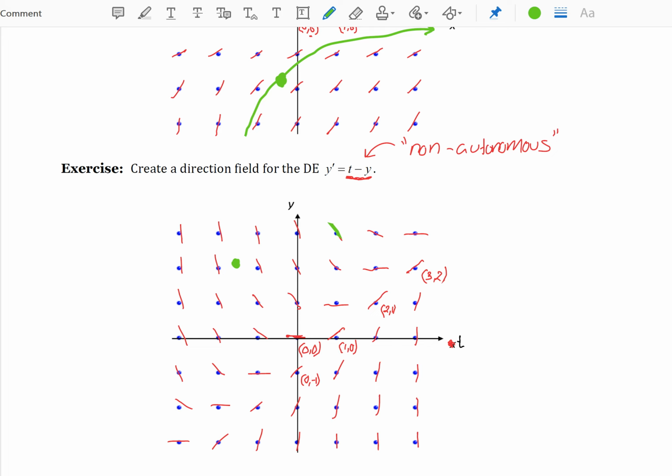Then a solution curve would have to follow the direction field elements and go through this point. It might look something like this. Another one might look like this. One down here might look something like this.